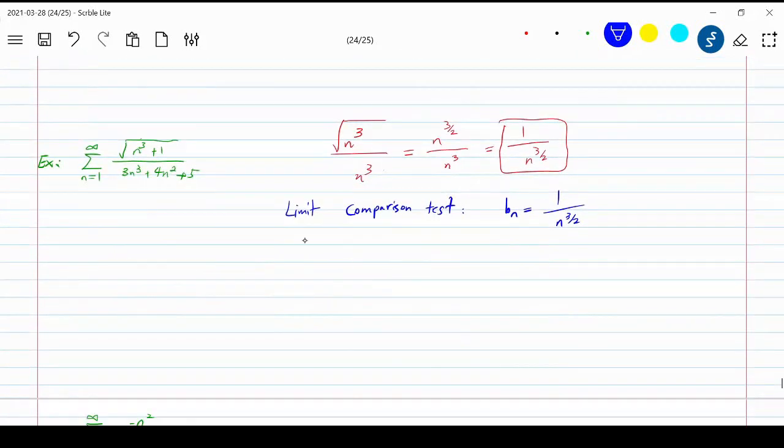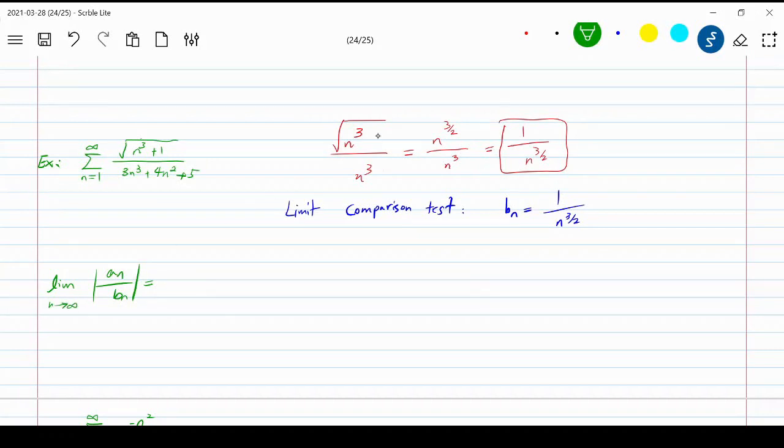Because if you remember, in the limit comparison test, what we really need to do is calculate the limit of an divided by bn. If this is some constant, then however the summation of bn behaves, the summation of an will behave the same way.